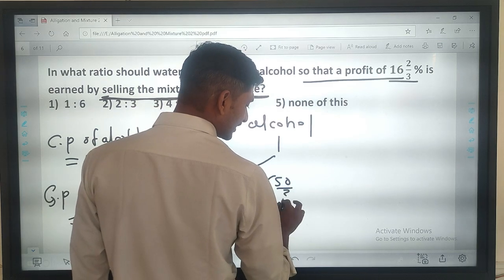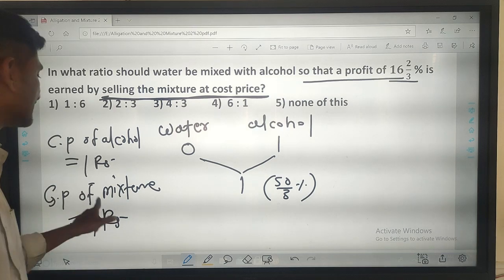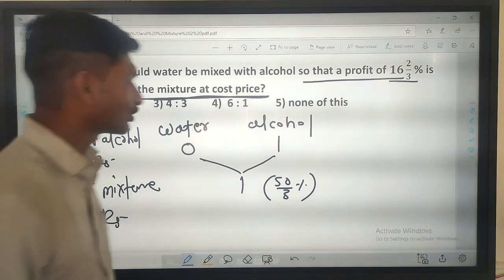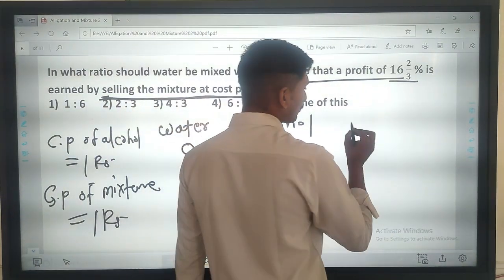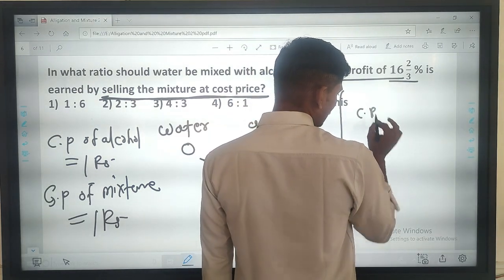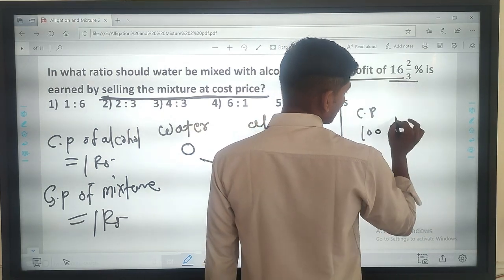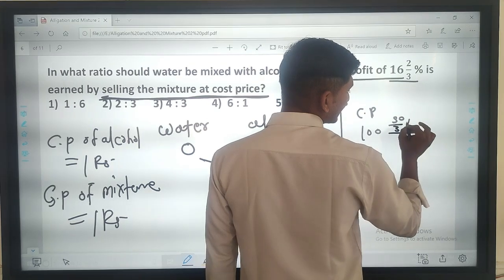This is the selling price. Now we calculate the cost price. If CP is 100, then the profit is 50 divided by 3%.